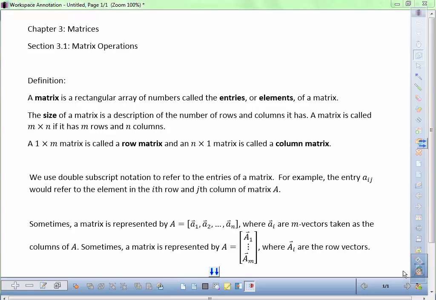So let's establish some definitions. We have the size of the matrix. The size of the matrix is given by two numbers: first the number of rows, then the number of columns.